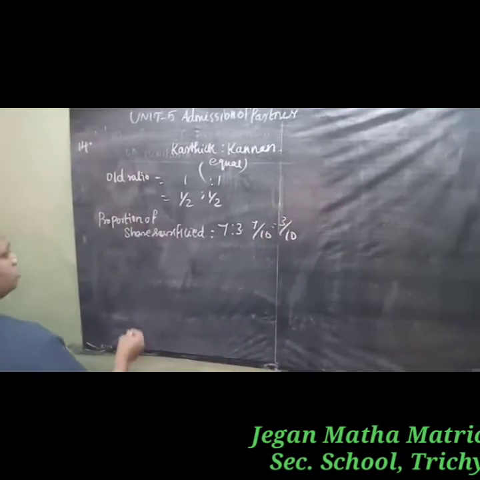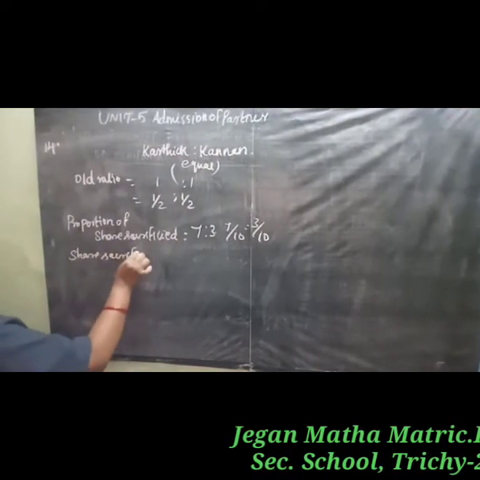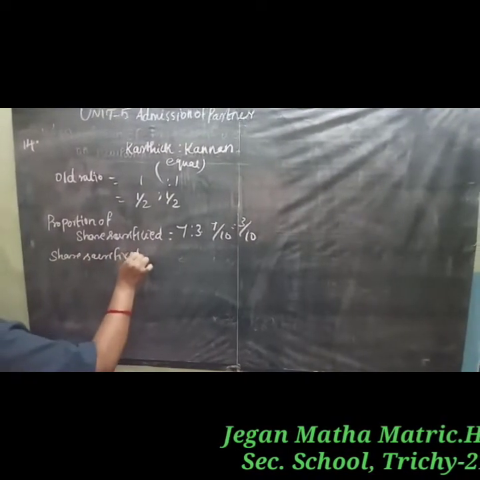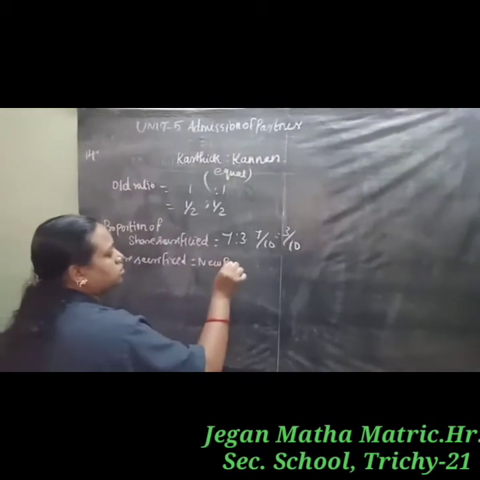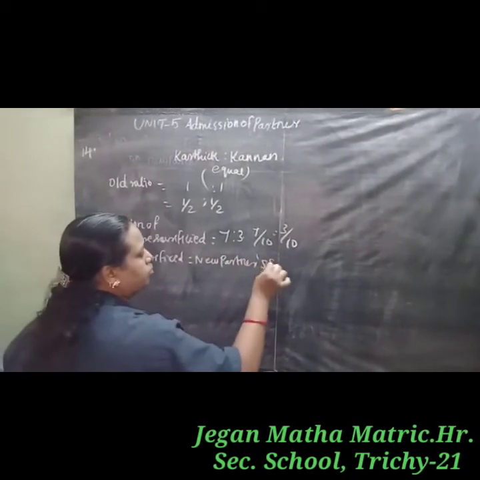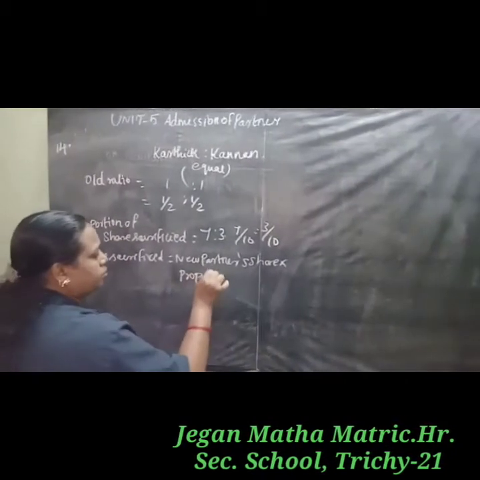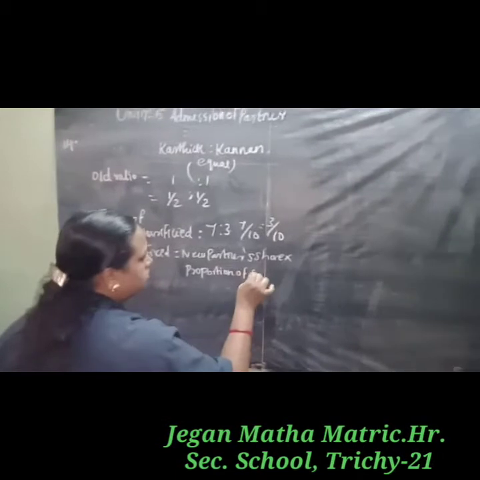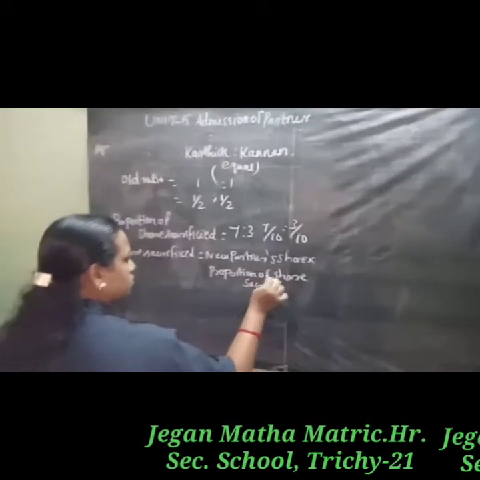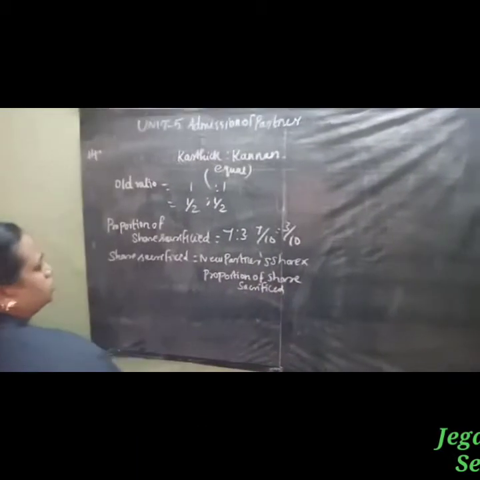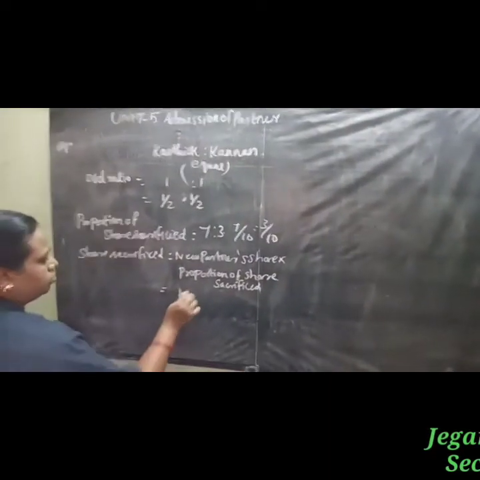Now we have to find out share sacrifice. You know that we just learned the share sacrifice formula: new partner share into proportion of share sacrificed. The new partner share is already given in the sum, 1/4.